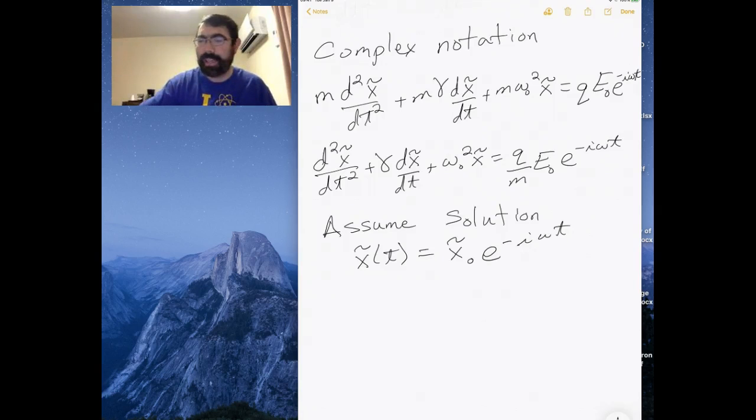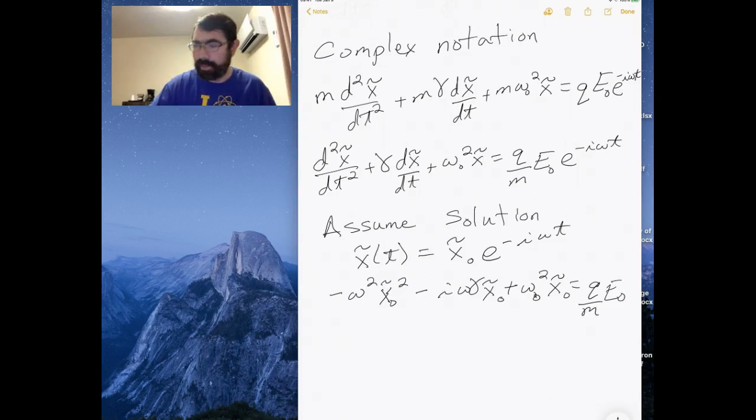Doing that, it cancels out the e to the i omega t on both sides, and what I'm left with is minus omega squared x tilde minus i omega gamma x tilde plus omega naught squared x tilde is equal to q over m E naught.